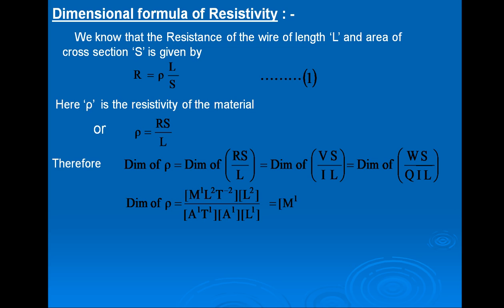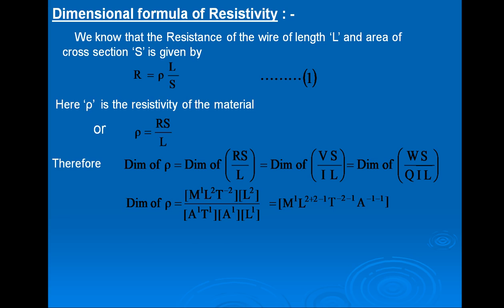So this is equal to M¹ L^(2+2−1) T^(−2−1) A^(−1−1).